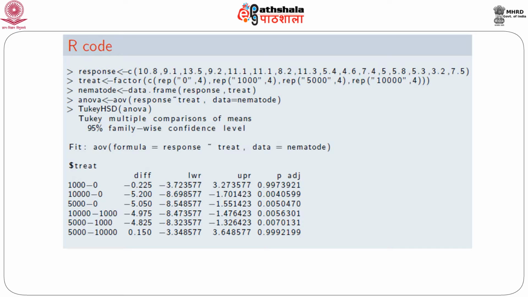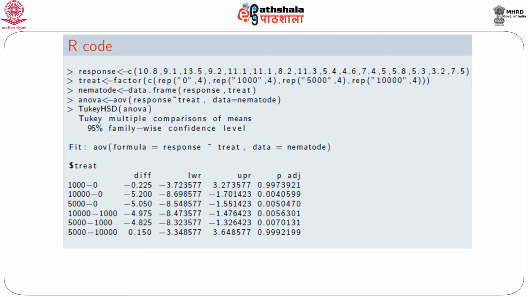So, now that we have carried out analysis of variance, it is time to perform TukeyHSD on its output. Once we pass the ANOVA to the function TukeyHSD, we get a rather longish output, which starts with the heading Tukey multiple comparisons of means, 95% family-wise confidence level.